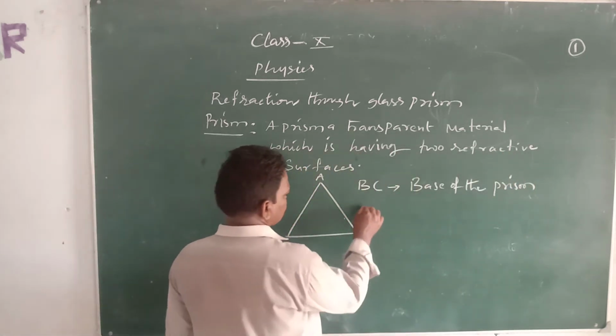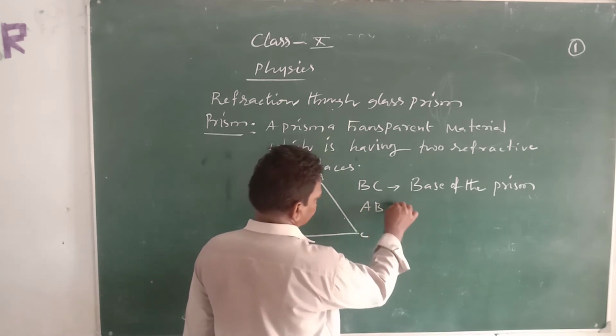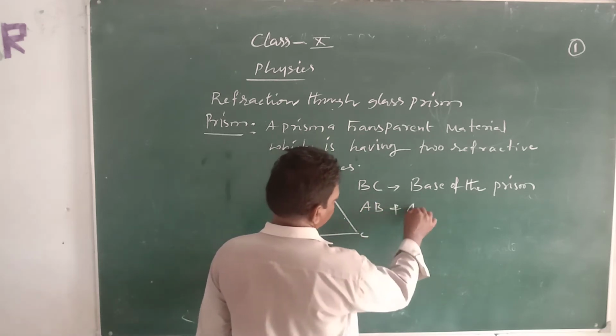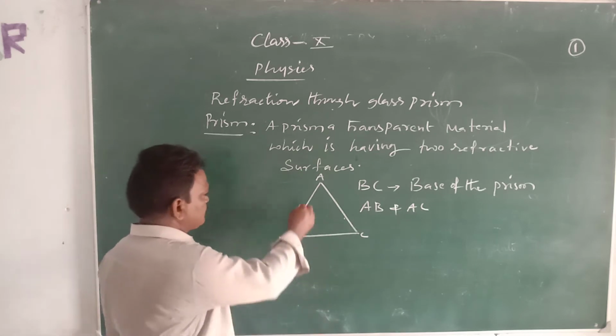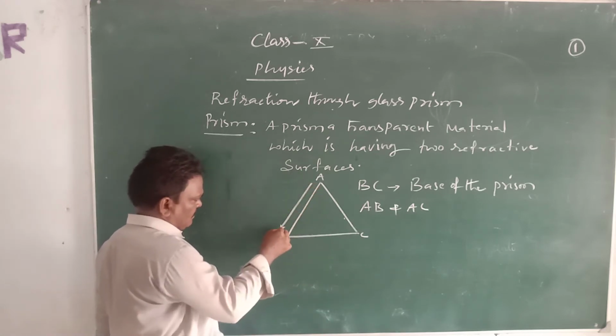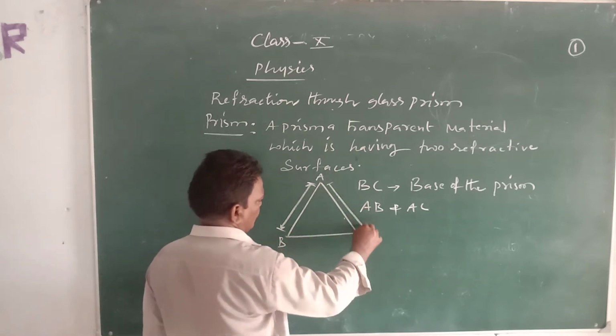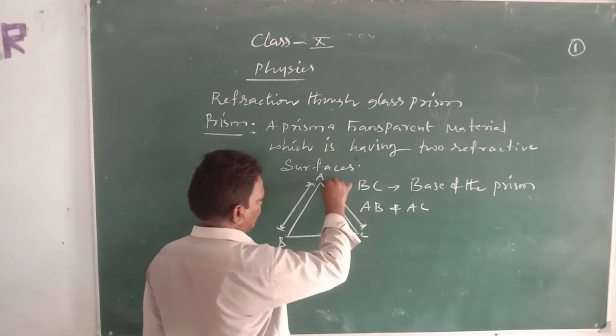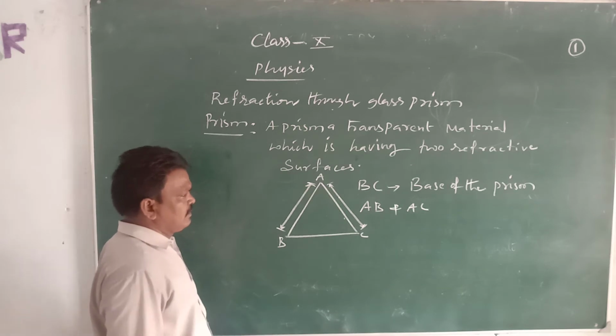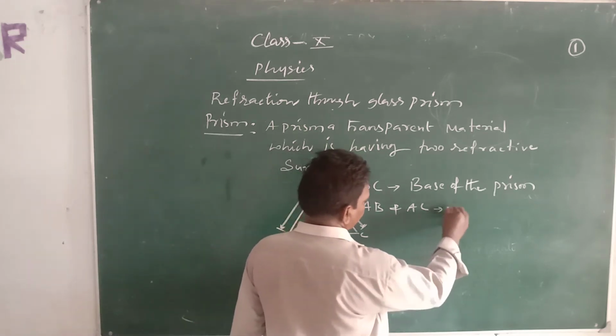And AB and AC are called refractive surfaces.